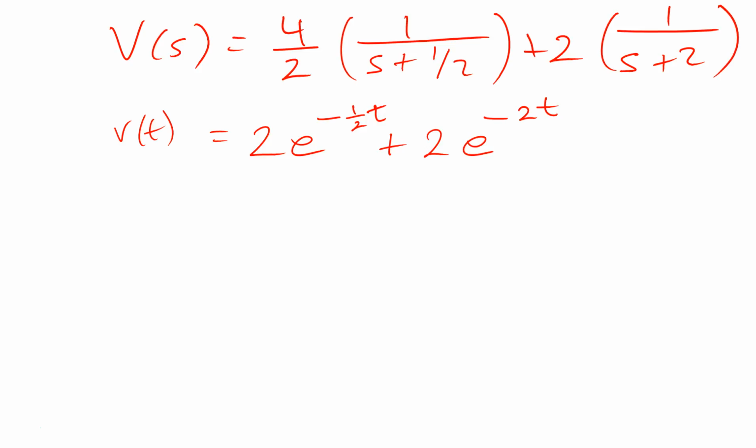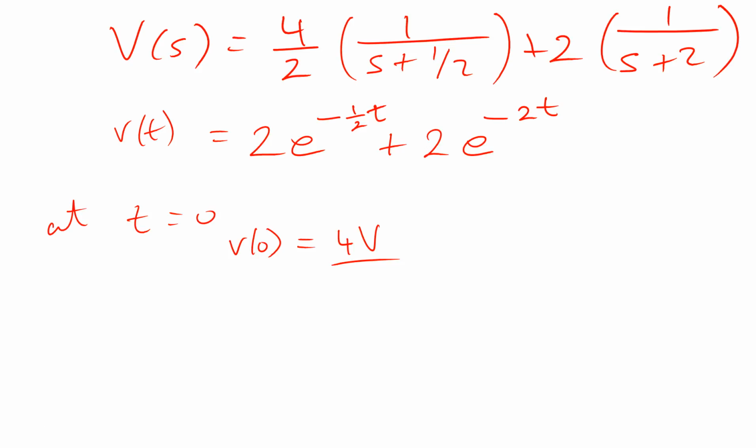Now if I want to check and see if this is correct, I could look at my boundary conditions. So I could say at t is equal to 0, e to the 0 will be 1, e to the 0 will be 1, and I will have V0 is equal to 4 volts, which is the initial voltage across the capacitor. So we know that is correct.